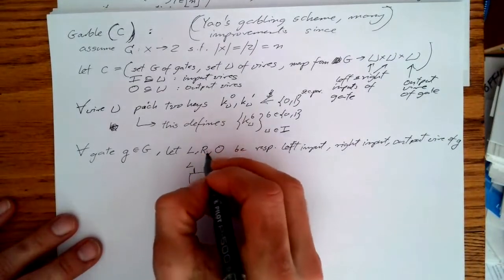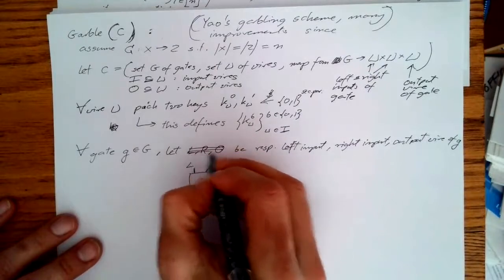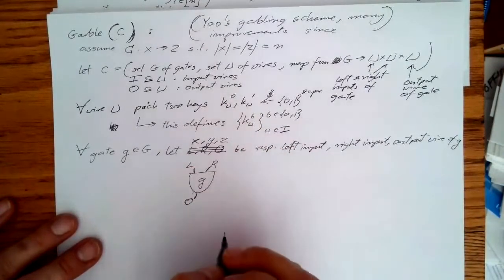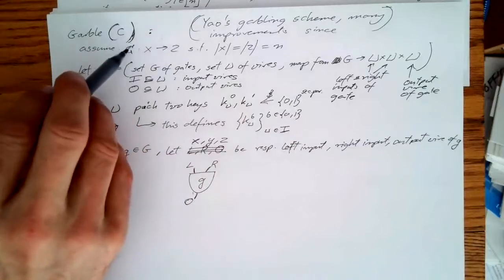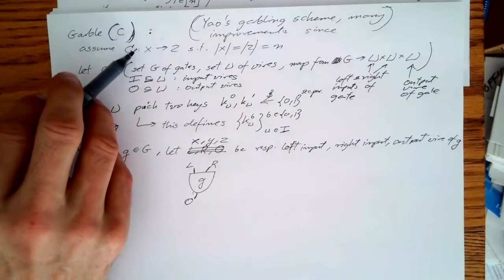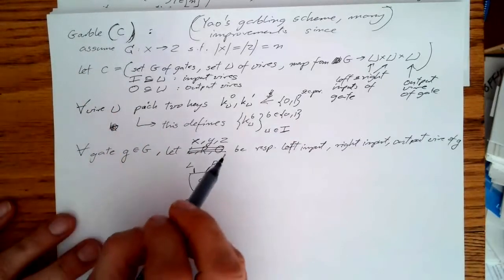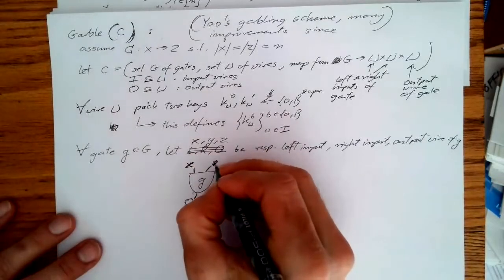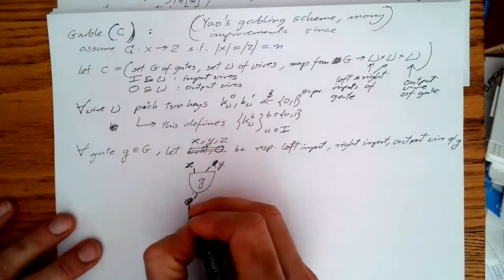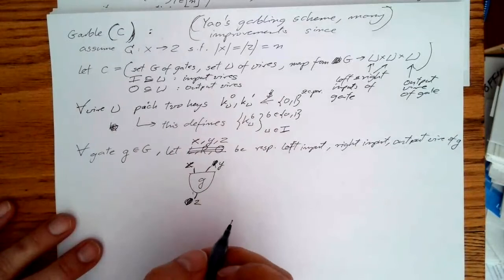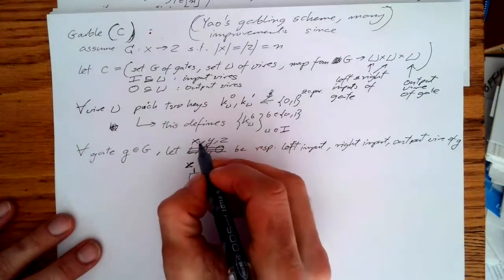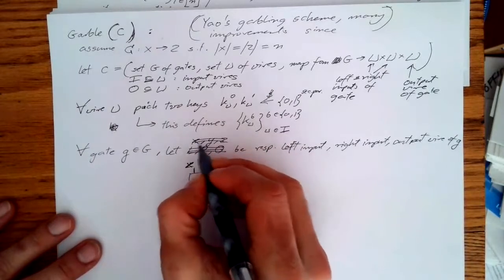Actually, let me change this. I'm going to rename them X, Y, and Z. These are not the total inputs of the circuit and the total output of the circuit. These are indexes of the wire. No, sorry, that's a bad choice.